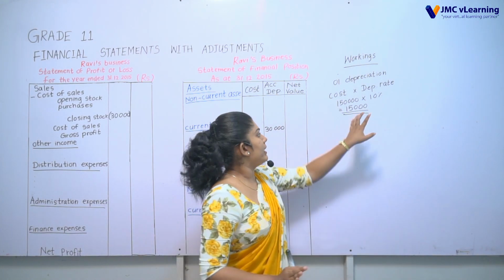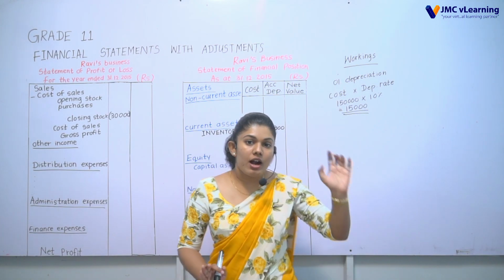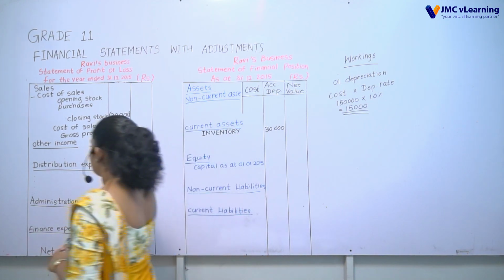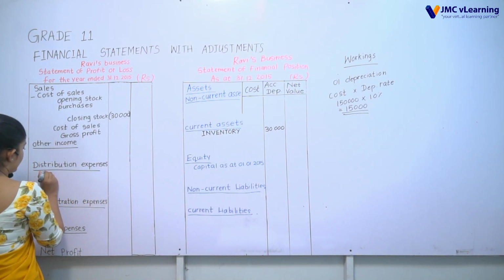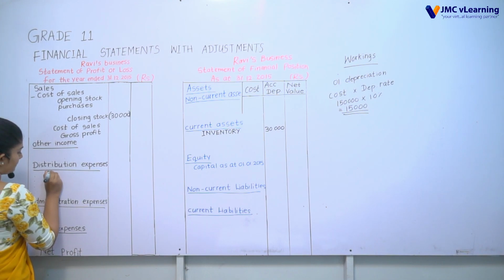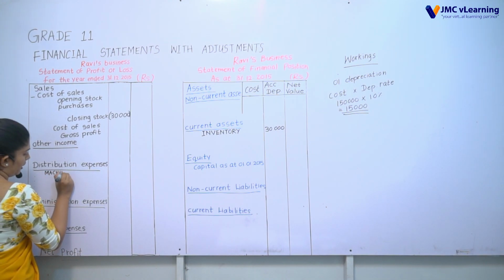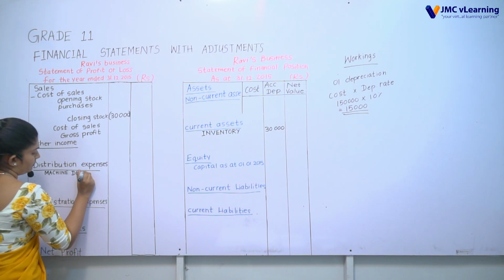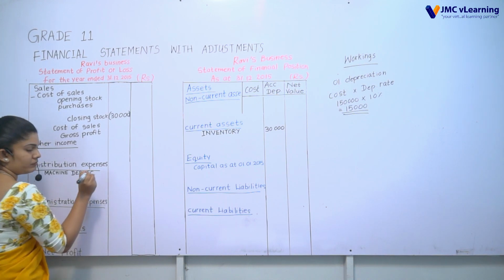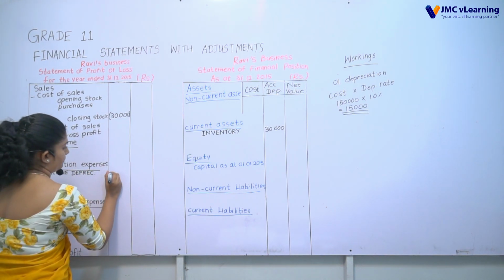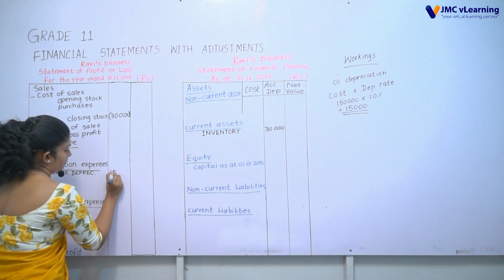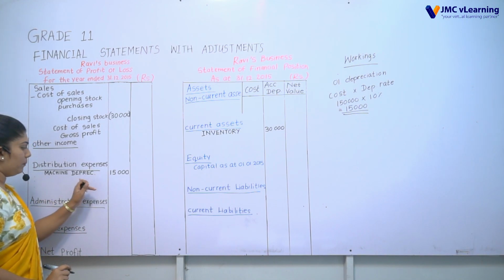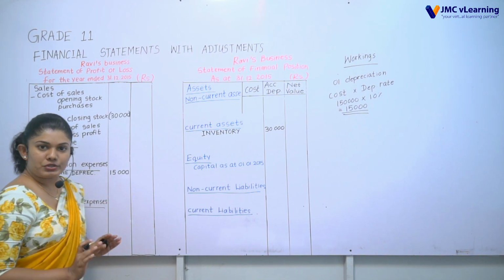Therefore, I am recording this amount of depreciation under distribution expenses, as machine depreciation 15,000. Like this, machine depreciation 15,000.